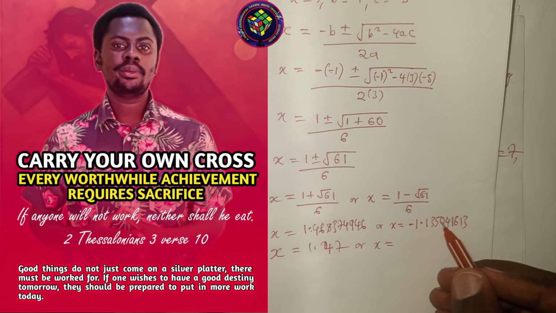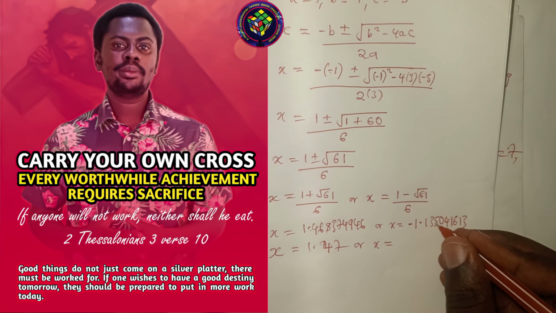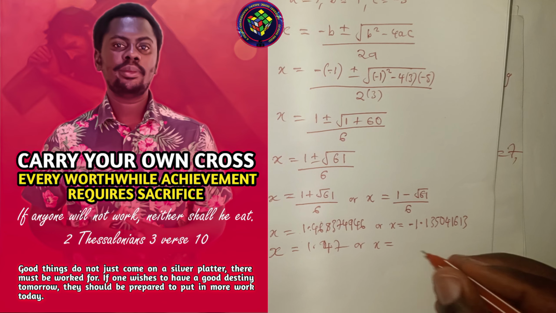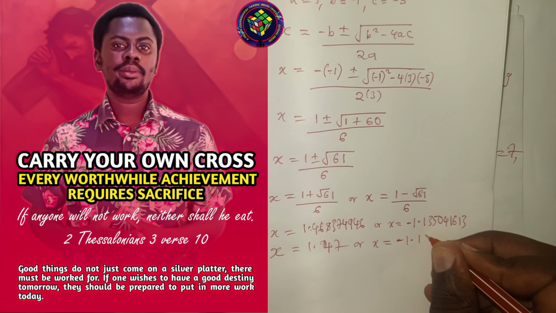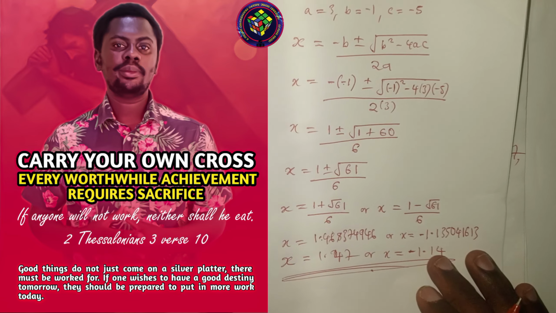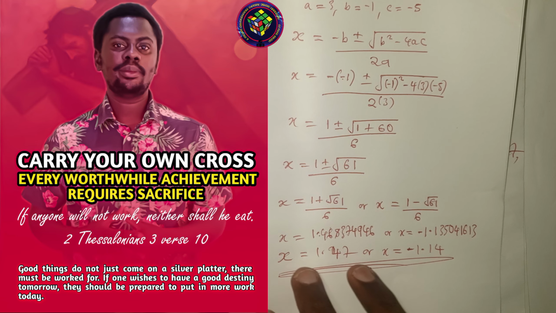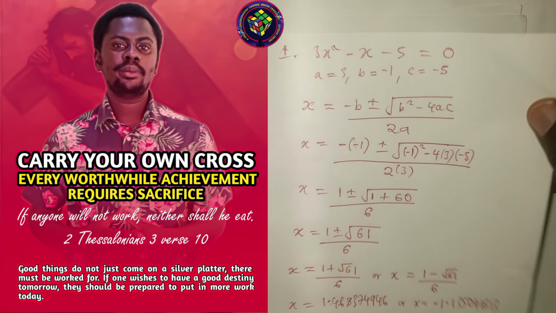Since it is 5 or above, we have to add a 1. So we are going to add a 1 to this 3, so we are going to have minus 1.14. So those are the 2 possible solutions for 3x squared minus x minus 5 is equal to 0.